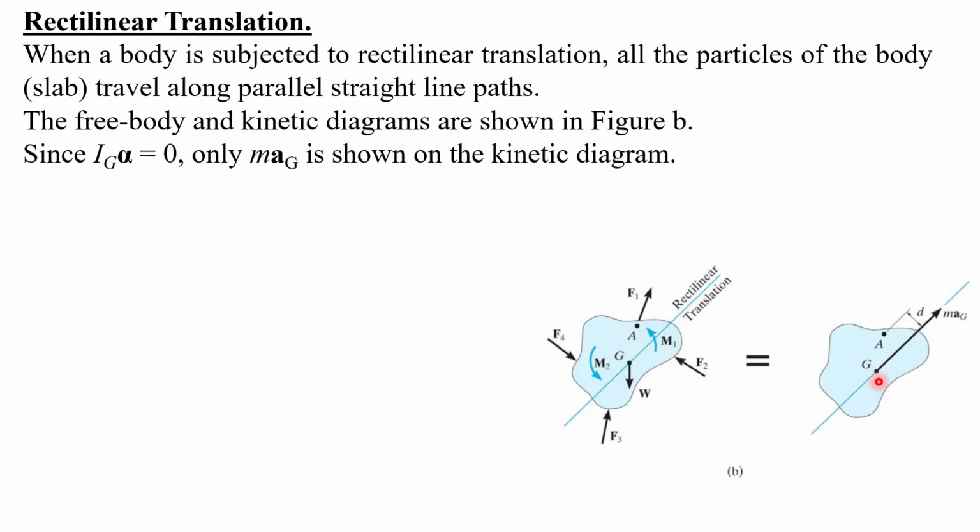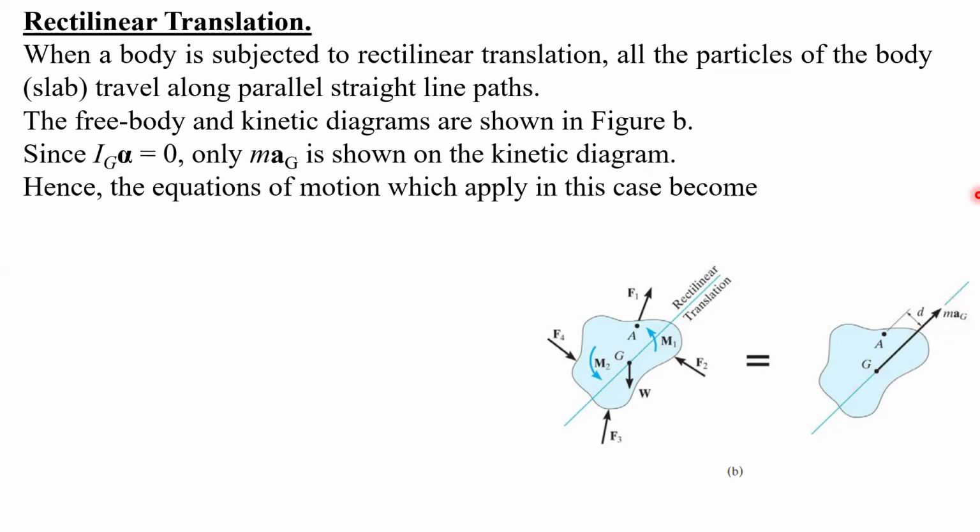Since IG alpha is equal to 0, that is, there's no rotation, only m aG is shown in the kinetic diagram. Hence, the equations of motion which apply in this case become summation Fx equals m(aG)x, summation Fy equals m(aG)y, then summation MG equals 0 because there's no rotation.